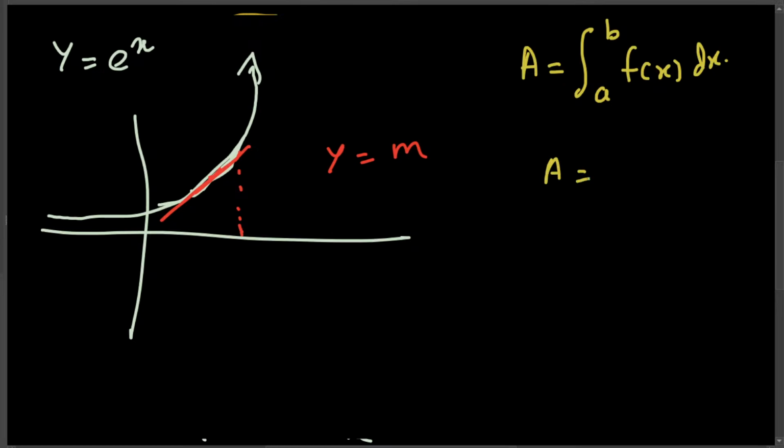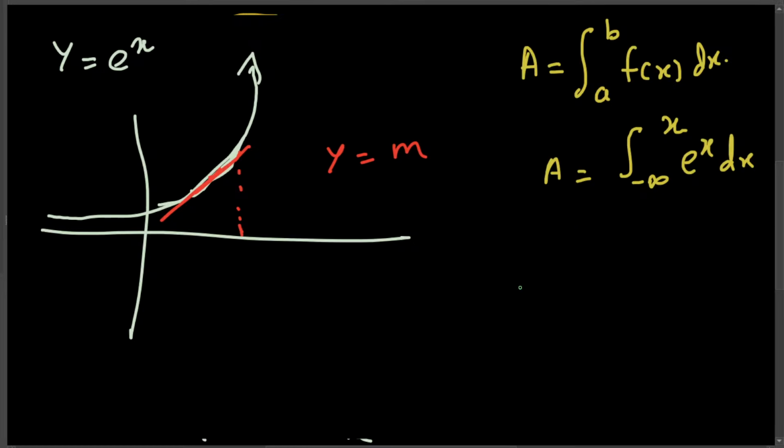So the area for this function is given by the integral from negative infinity, because x is starting from negative infinity, up to x, of e to the power x dx.